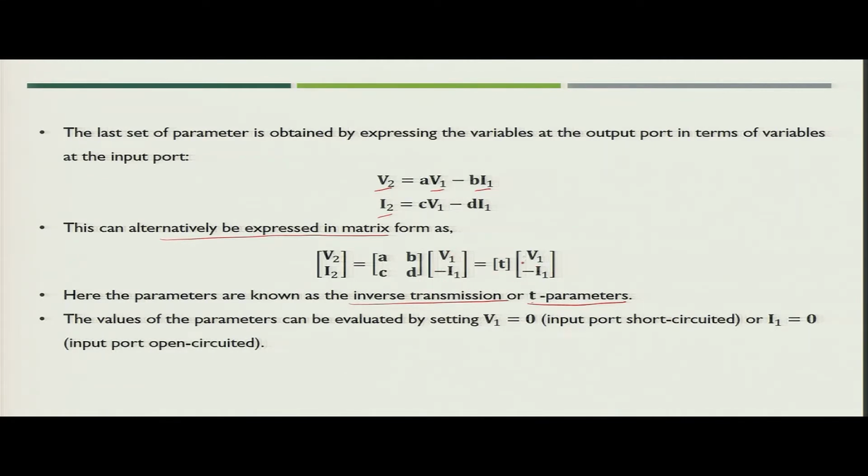So, we represent this abcd matrix with small t, and we say it is the inverse transmission or small t parameters.